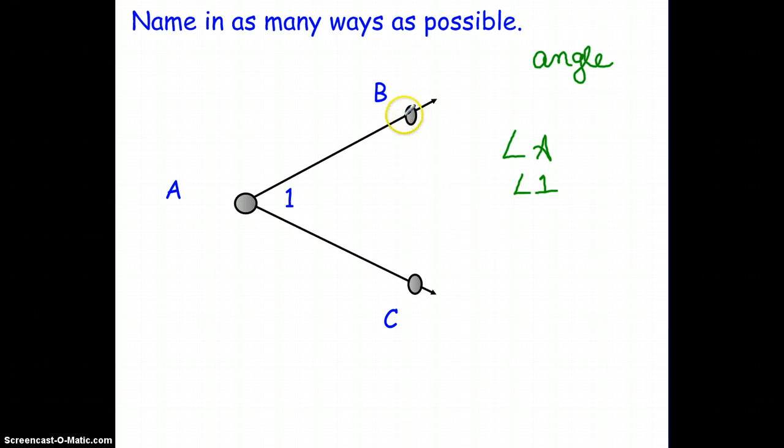Otherwise, we have to name it using 3 letters. The middle letter has to be the vertex. So if I name this BAC, that would be one way. I could also go backwards and do CAB. The big part for us is that A has to remain in the middle if it's going to be the vertex point.